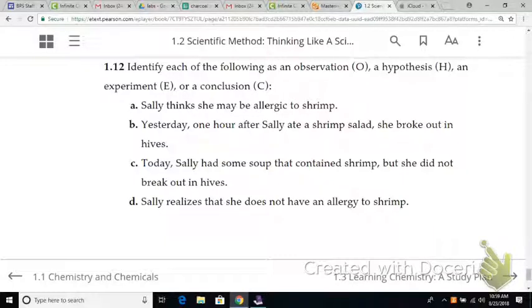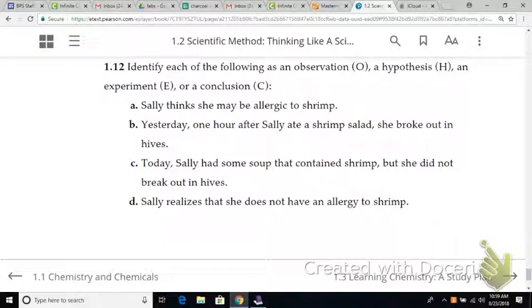Experiment? This was yesterday. So would it be an observation if it was yesterday? Oh, yesterday. Good one. It really depends upon the present tense, what she's doing. So it could be an observation, or it could be that she just did it. You're not getting a lot of information about this, but I could accept that.